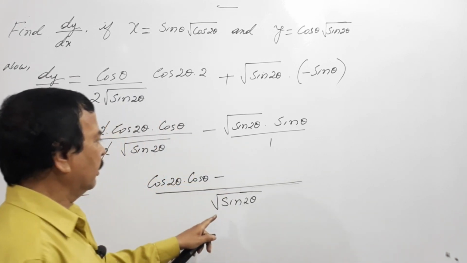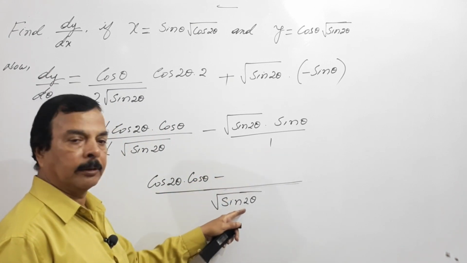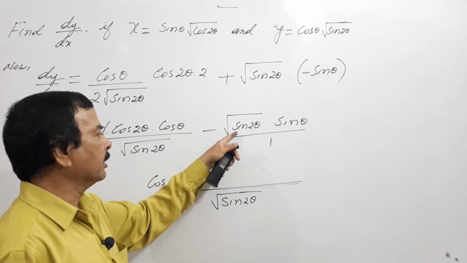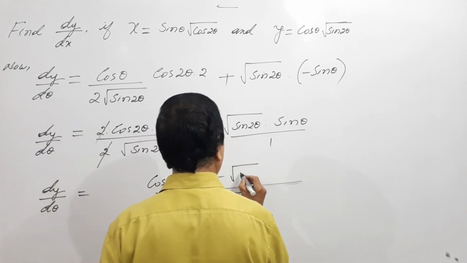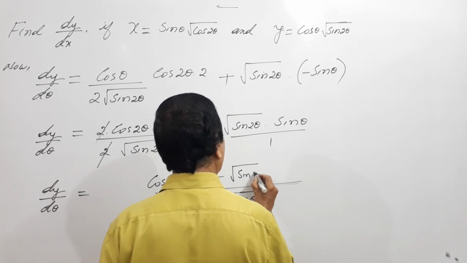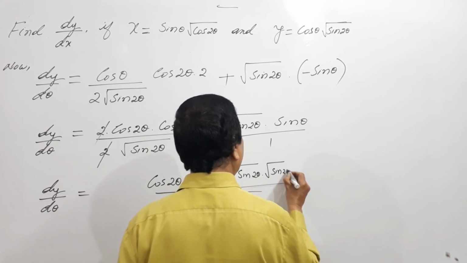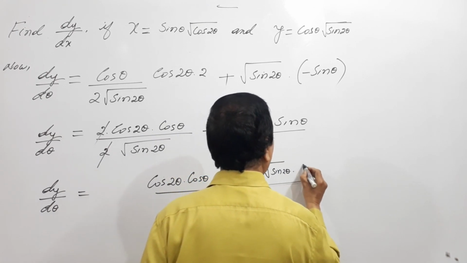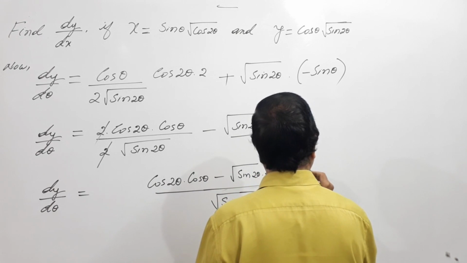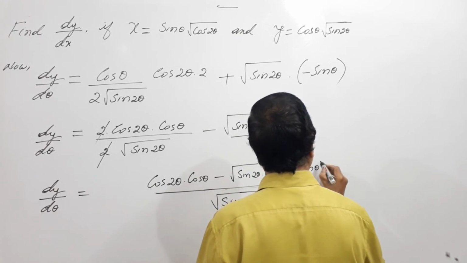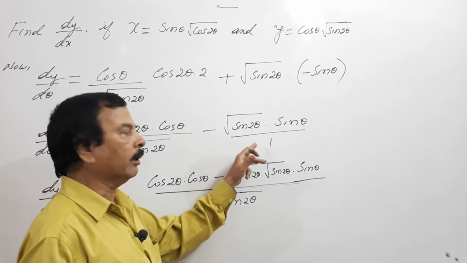So this goes one time, that is under the root sin 2 theta, root of sin 2 theta into this. So this becomes sin 2 theta into sin theta. Why I wrote this is because I don't want you to get confused.